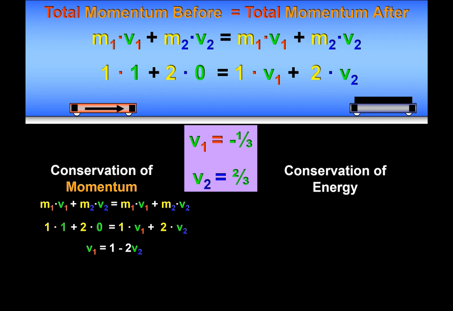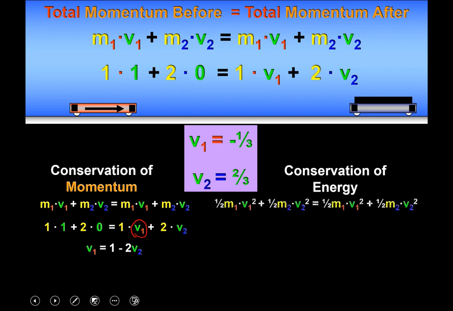It just doesn't work that way. So basically what I did here is I chose to solve for the velocity of the red car. I maneuvered things around so I can get my V1 equal to whatever it would equal. But again, I still have two unknowns. That doesn't work mathematically.